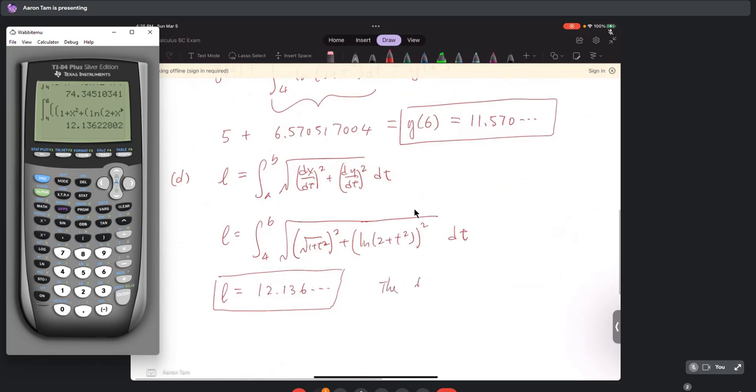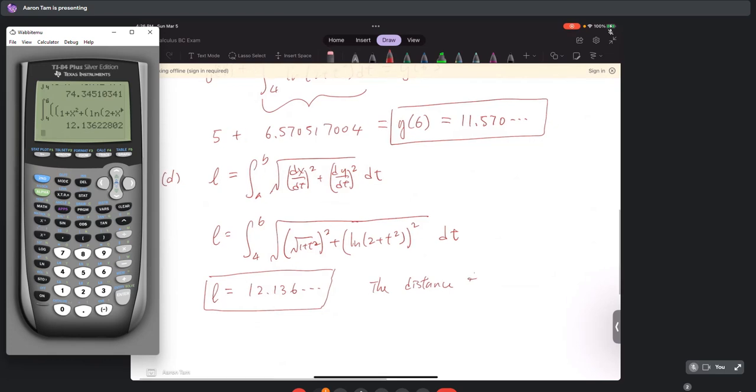The distance traveled by the particle from t equal to 4 to t equal to 6 is 12.136. And that would probably be my answer.